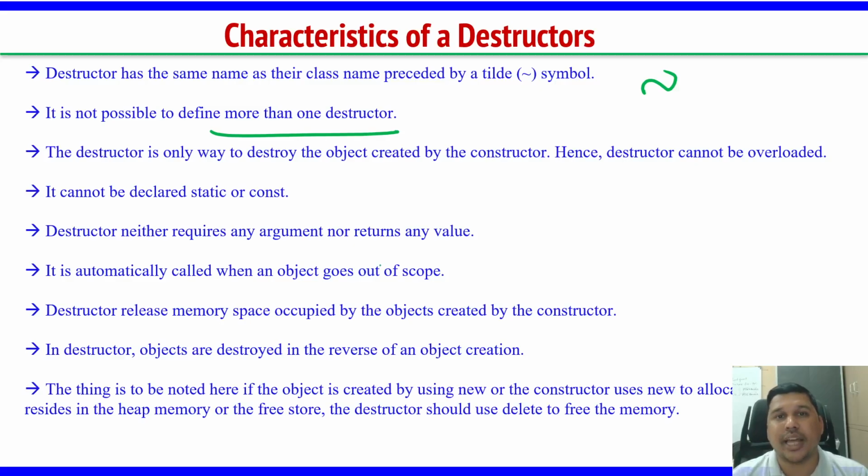The destructor is the only way to delete the memory allocated using the constructor. You cannot overload a destructor like we do with constructor overloading. And a destructor neither requires any argument nor returns any value. So these are a few important points about destructors.